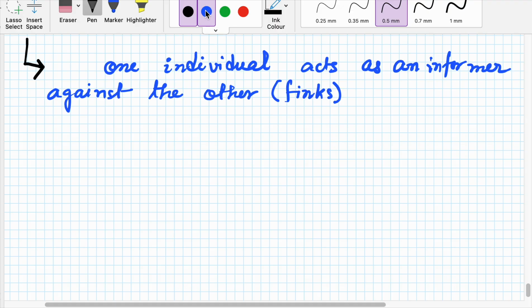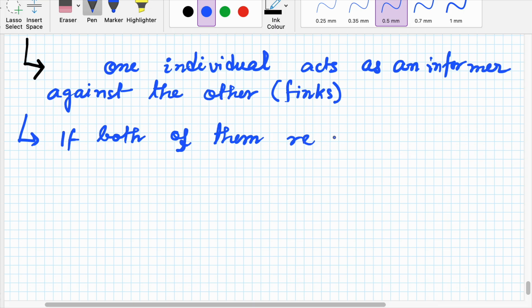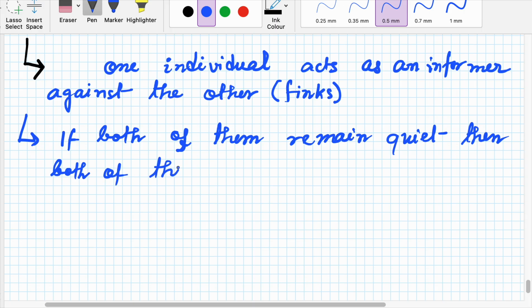However, if they both remain silent or quiet, then both of them will be convicted for the minor crime.